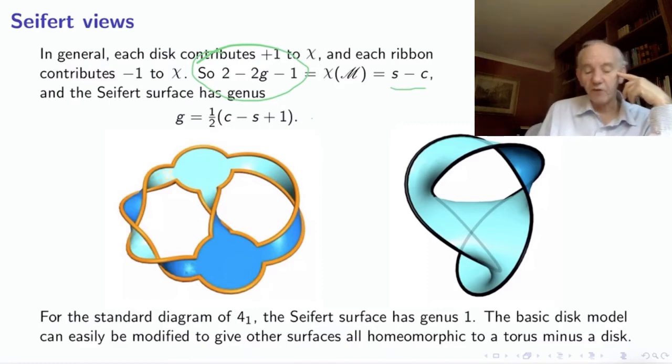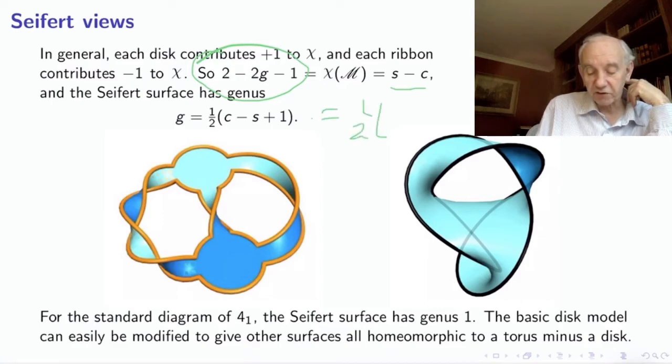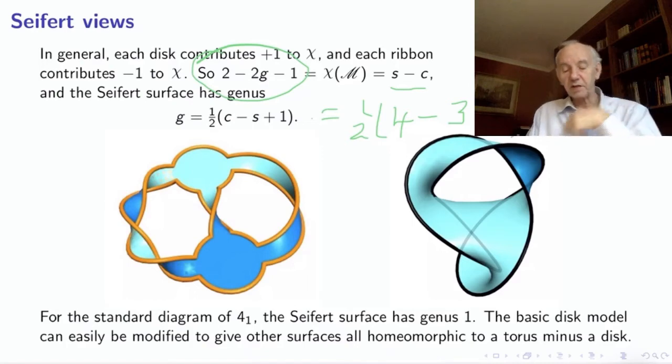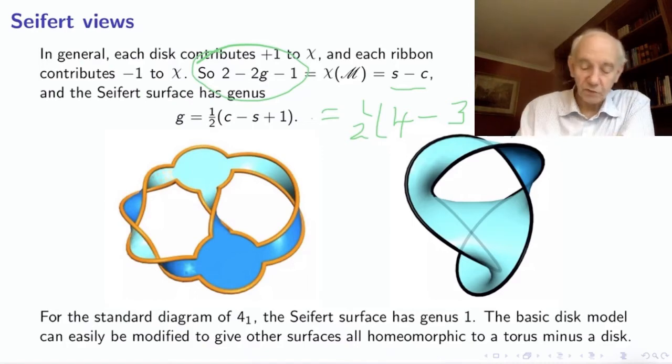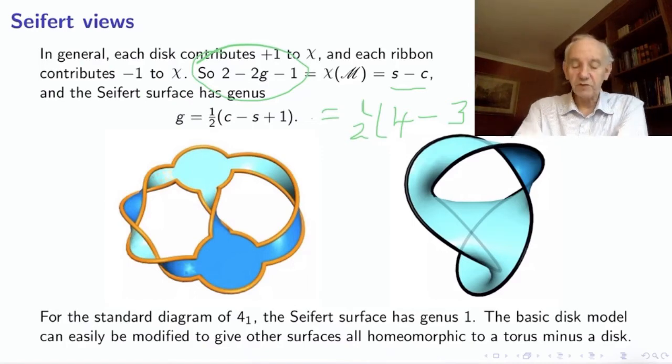So if we do that for the figure 8 knot, what are we going to get? We're going to get 1/2, the number of crossings is 4, the number of Seifert circles is 3, plus 1. That's equal to half the genus. That's equal to 5 minus 3, that's a -2. It's got to be an even number inside the parenthesis.